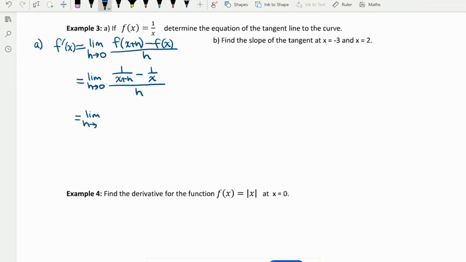Limit as h approaches 0. I'm going to just take them separately. The top, we want to do the common denominator. So multiply x into my first fraction and x plus h into my second fraction. I will not skip a step.